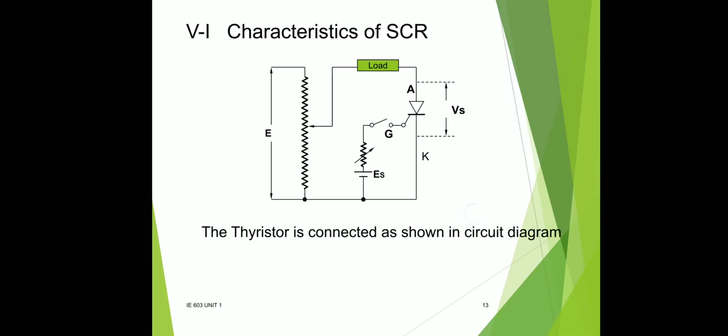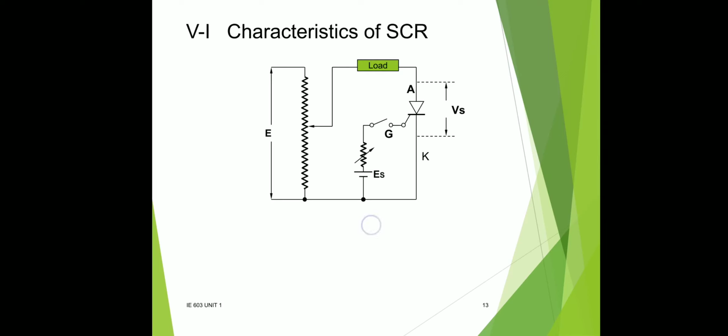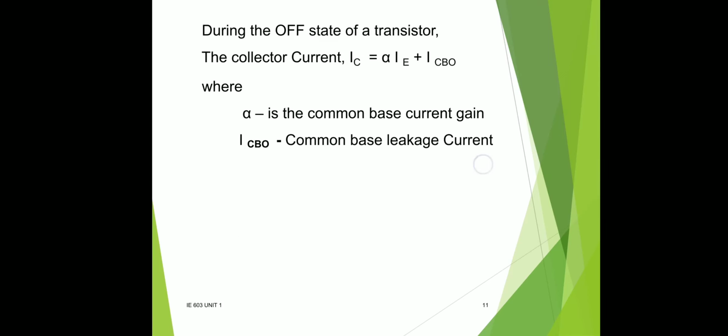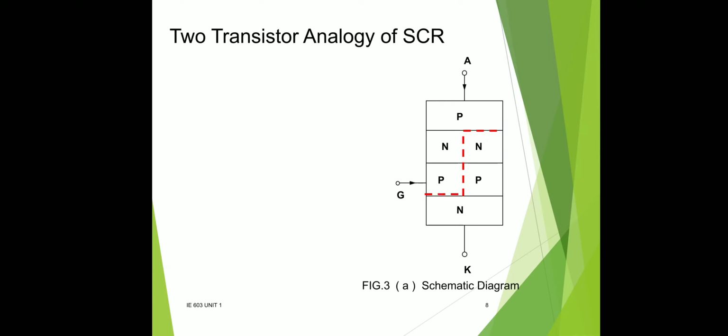It has PNPN layers with three junctions. If you observe, the anode is made positive with respect to the cathode, with the gate open, that means gate current is zero, gate is open circuit.